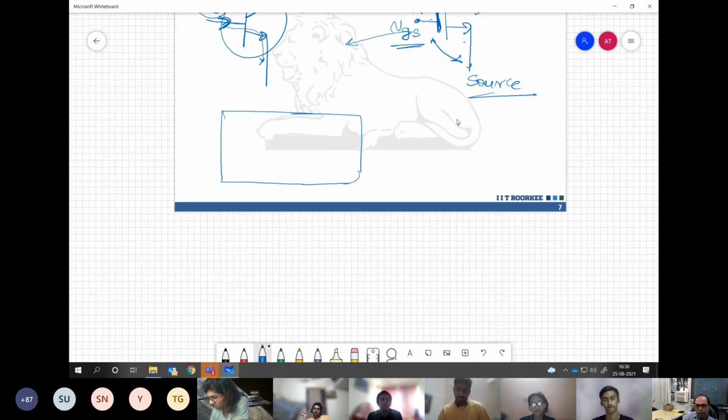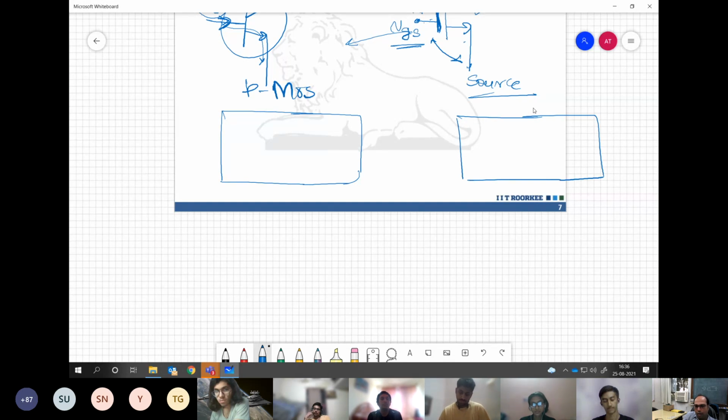So we will see what this is. Let's say this we are calling as PMOS and this we are calling as NMOS. What basically it means is that the channel or the current which is flowing into this device is happening because of the positive charge carriers or negative charge carriers. That is what it indicates, the P or N.